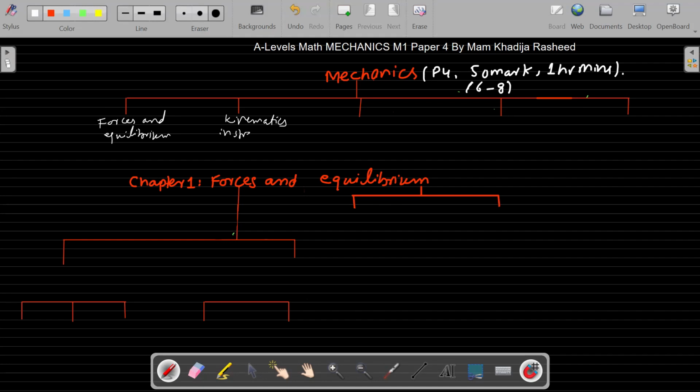Then momentum, Newton's law of motion, and last but not least, work, power, and energy.